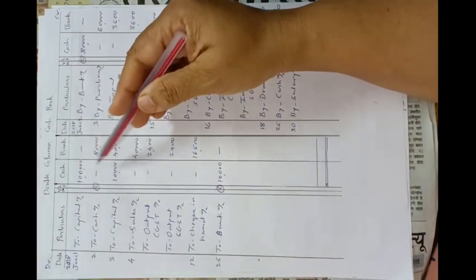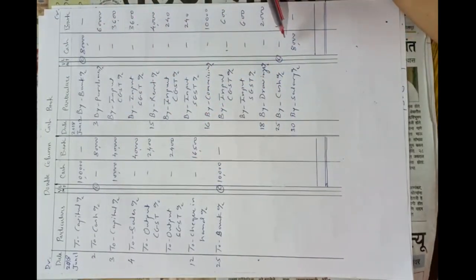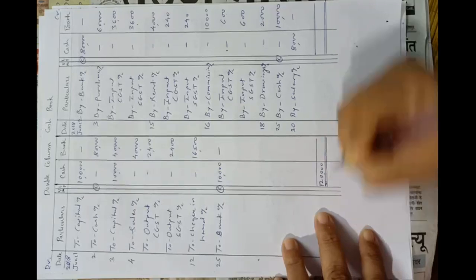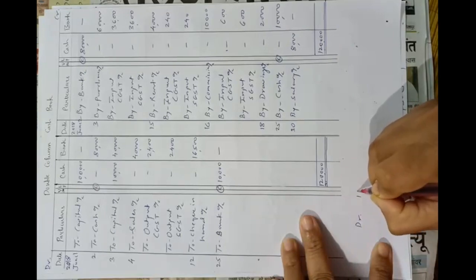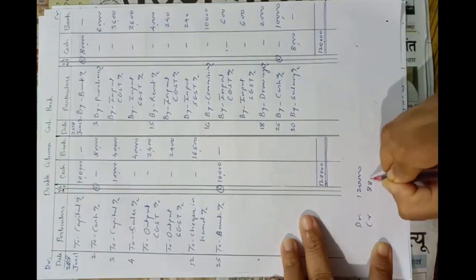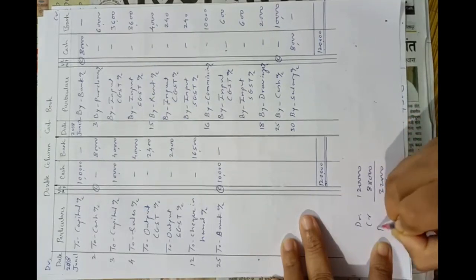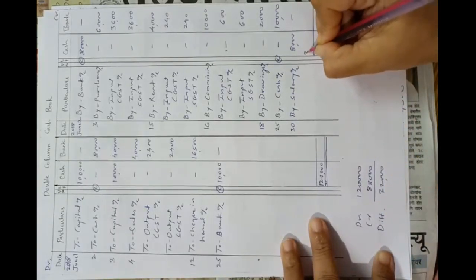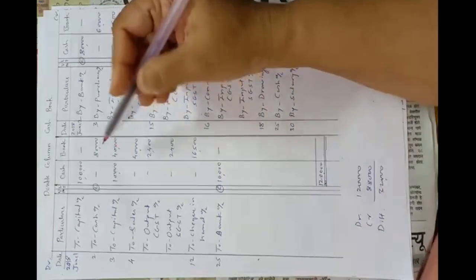First cash column, debit total is easy, 1,20,000, credit total is 88,000. So the difference will be 32,000. That is, the balance is 32,000. So 32,000 is the balance of cash column. Now bank column.